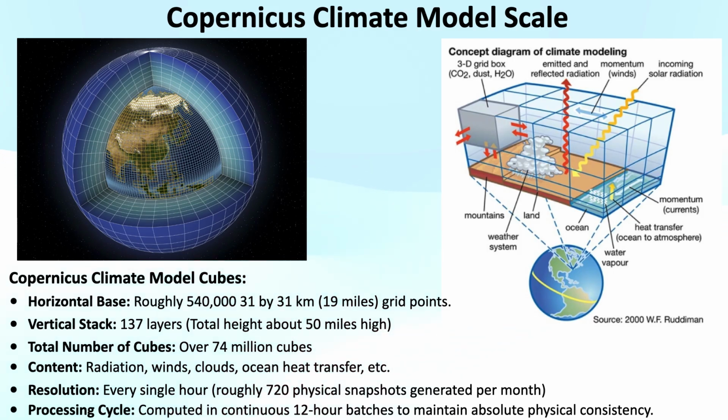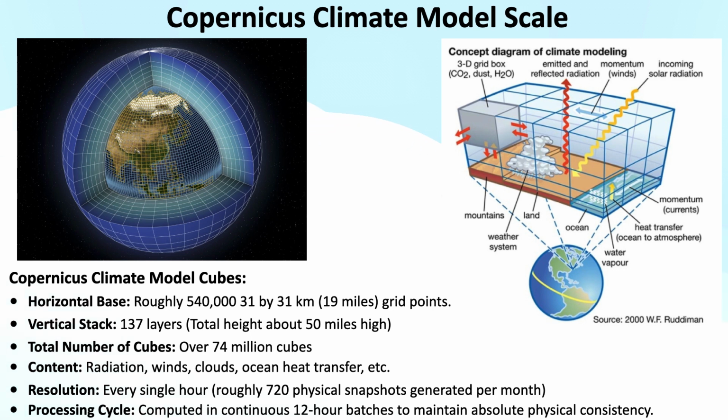It produces a total number of cubes of basically over 74 million cubes, which have all kinds of information in it about wind ratio, as you can see from the diagram on the right-hand side. And this information from Copernicus is processed for every hour of every day.